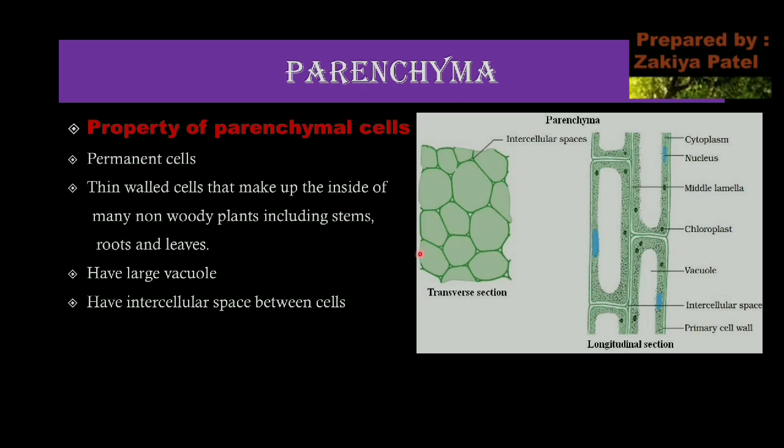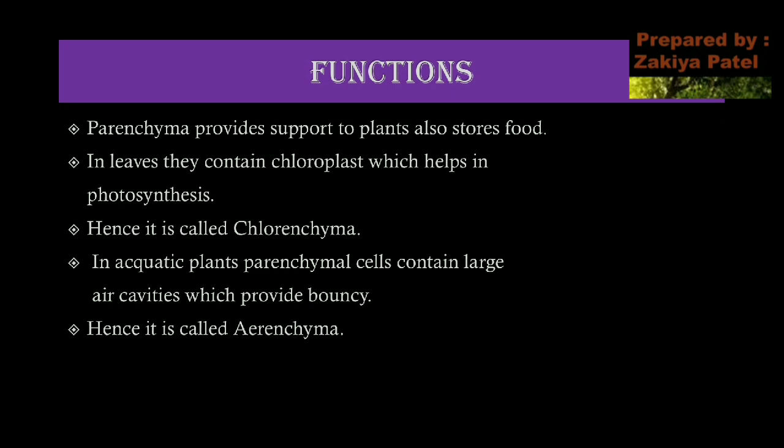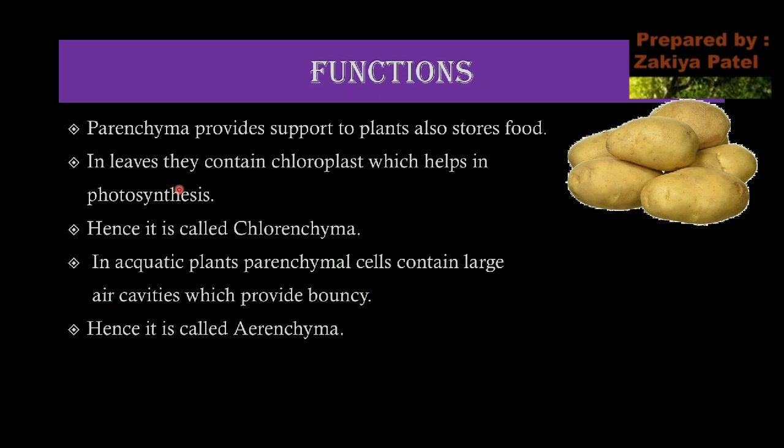Now we will see the functions of parenchymal cells. The first function is that parenchyma provides support to the plant and also stores food. For example, do you like to eat potatoes?